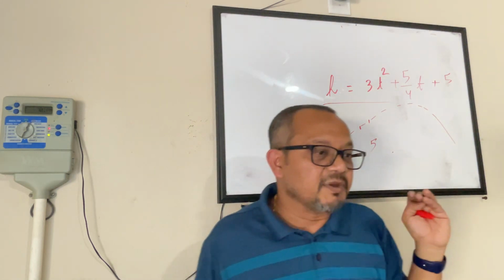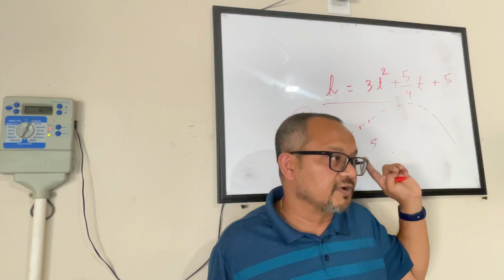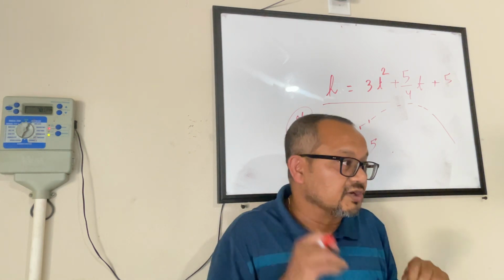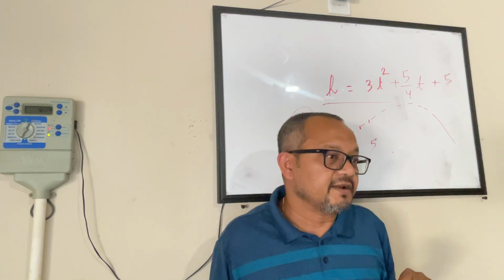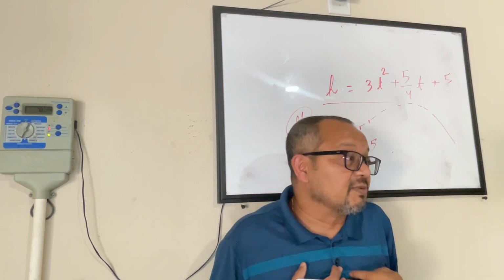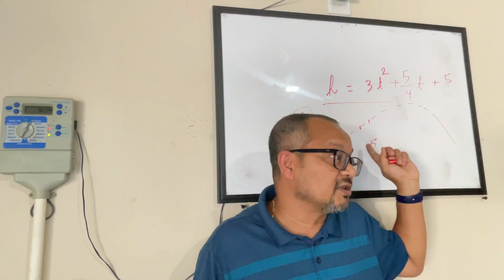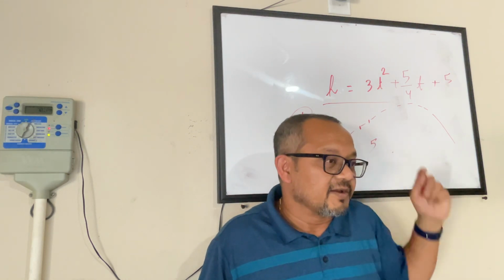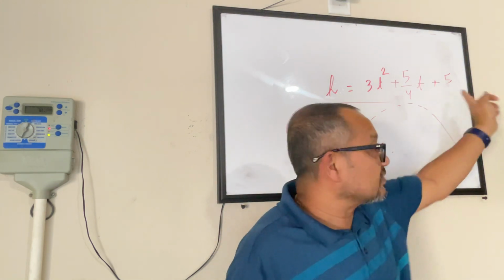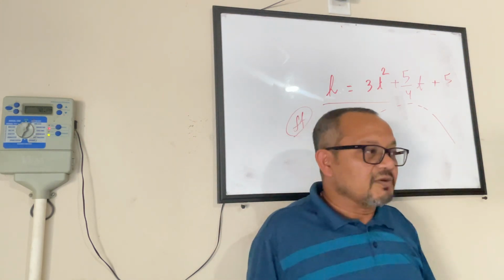So tell me what is the height of the stone from the ground before it is thrown, or I might say, okay, tell me what is my height. I'm throwing this stone. This follows the equation. Tell me what is my height.